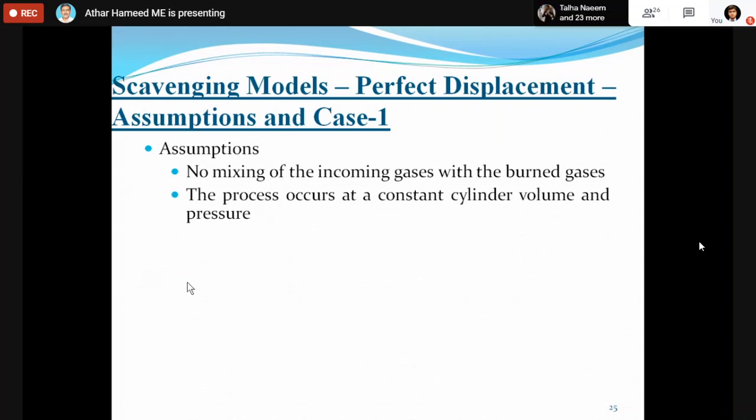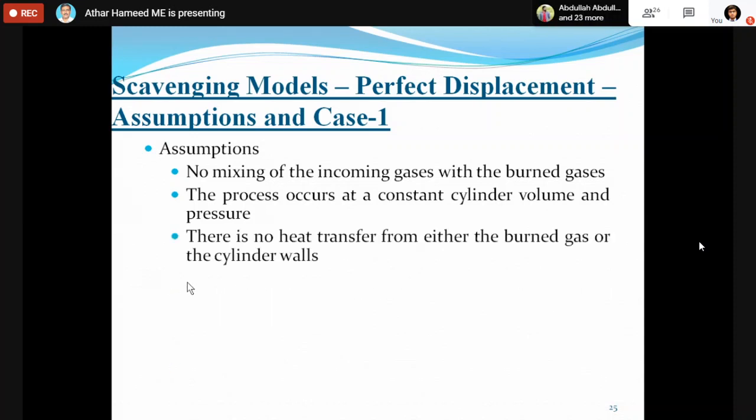That is, whatever quantity of mixture is being taken in, the same quantity of burnt gases is going out. So the volume and pressure both remain constant. This is the ideal case, ideal scavenging.